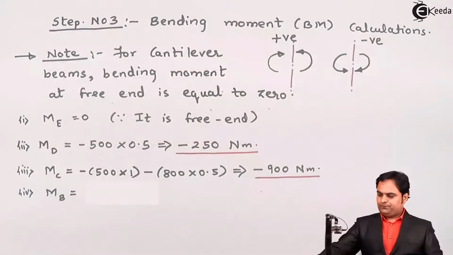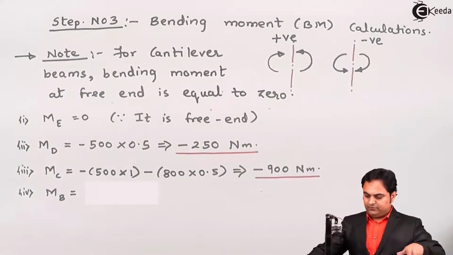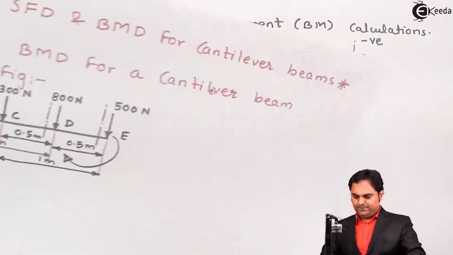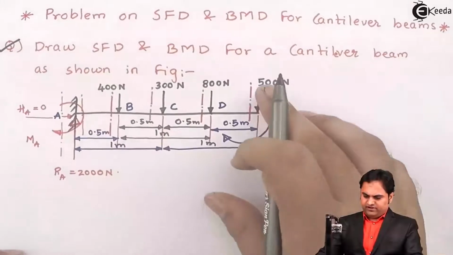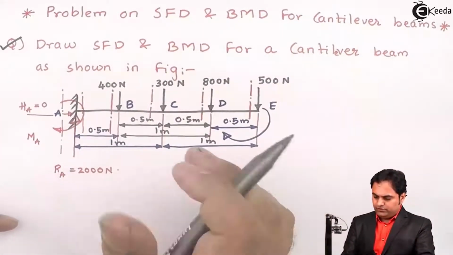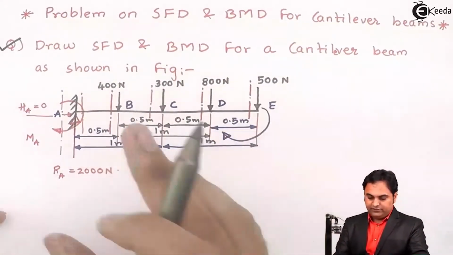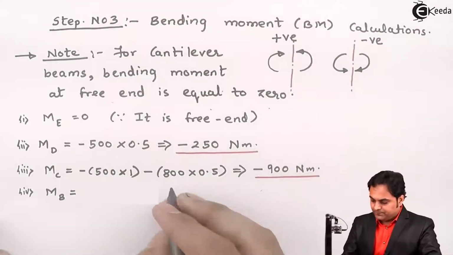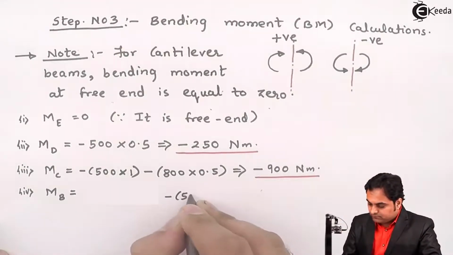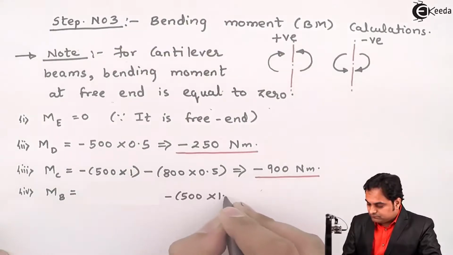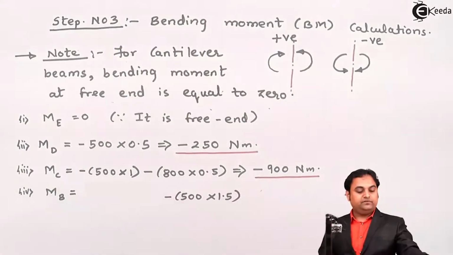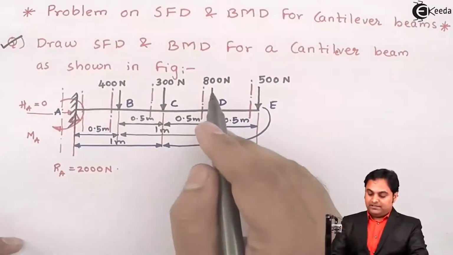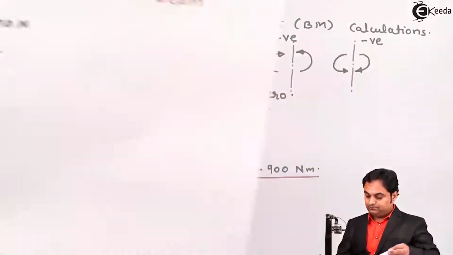So now here I will be calculating the moment at point B. That will be 500 into 1.5. And since it is clockwise to the right, so negative, minus 500 into 1.5. Then minus 800 into 1.